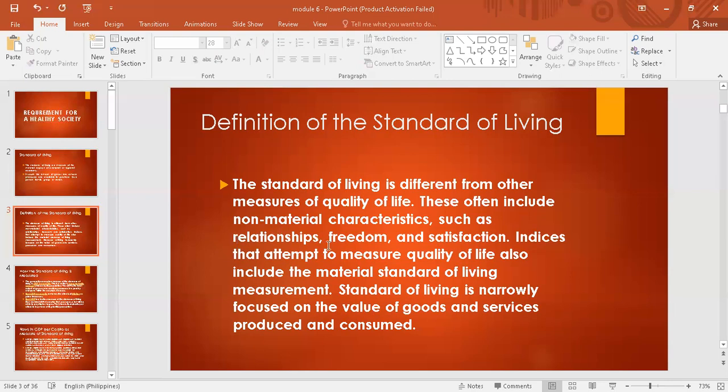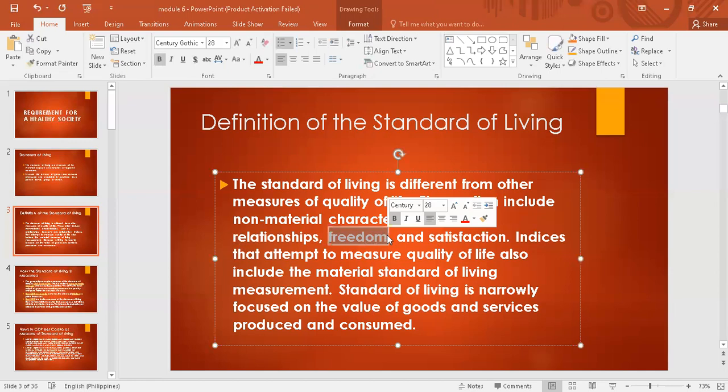There is, in a healthy society, freedom, di ba? Pag freedom, you can do what you want without masyadong paghihigpit ng government or ng society, at meron tayong satisfaction. So we consider that in a particular society, yung standard of living sinasabi natin, pasok ito, no? Merong non-material characteristics.